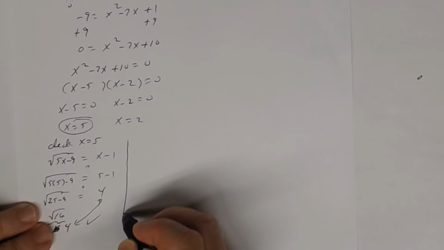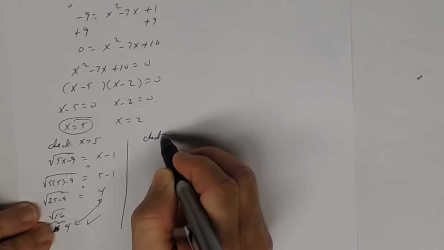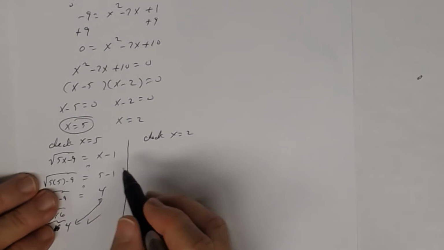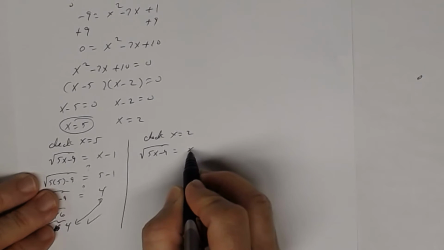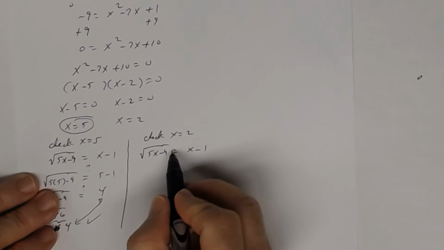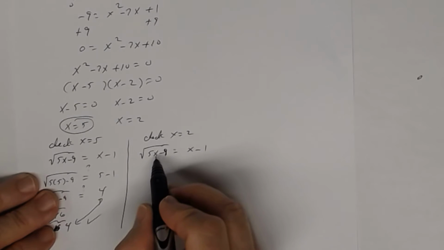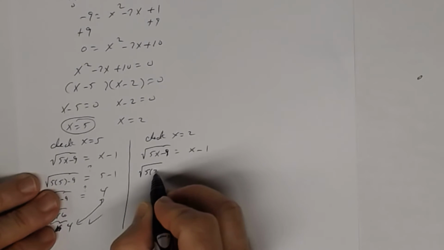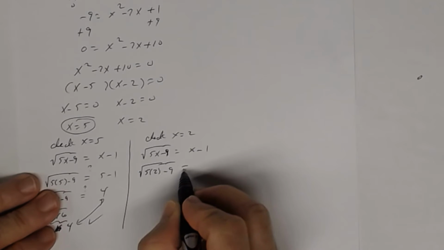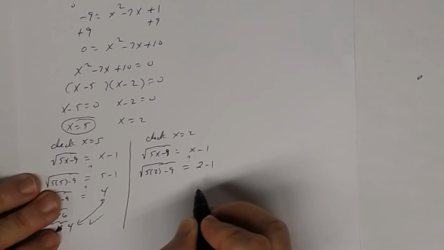Now we're going to check x equal 2. Do the same thing. So I get the square root of 5x minus 9 equal x minus 1. Go back to the original equation. So in place of x, I'm going to substitute 2. So I get the square root of 5 times 2 minus 9, and I want to see if that's going to equal 2 minus 1.